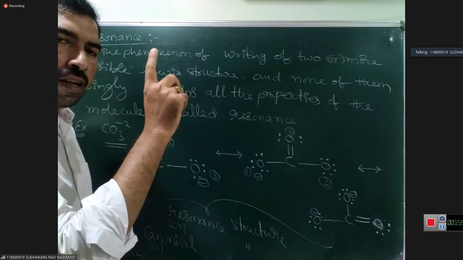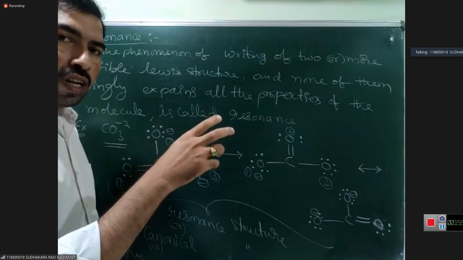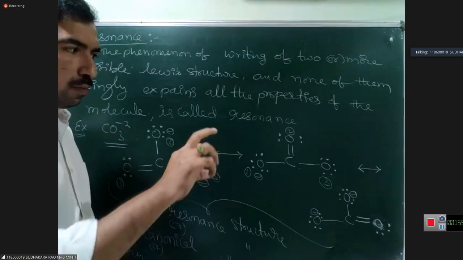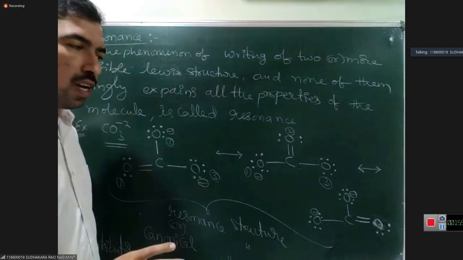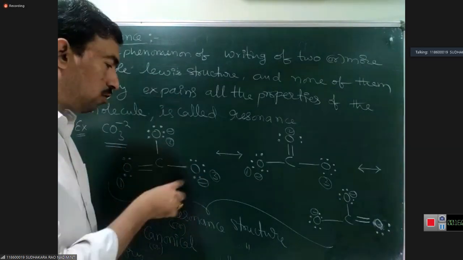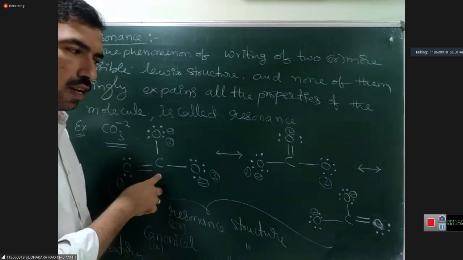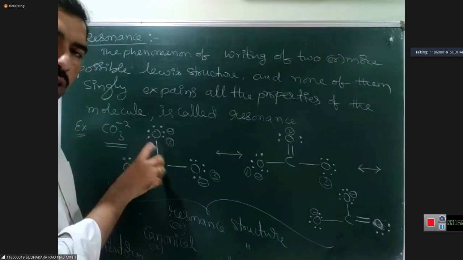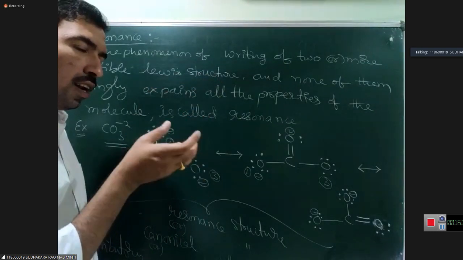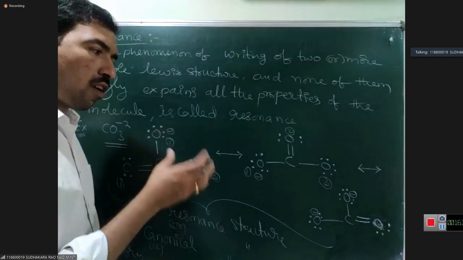In isomerism, atom positions are going to be changed. So connectivity difference and spatial alignment difference will come. This is one structure of carbonate, but it is not actually the true structure of carbonate. Somehow it contributes to the true structure. So we are writing the possible electronic structures of the carbonate.